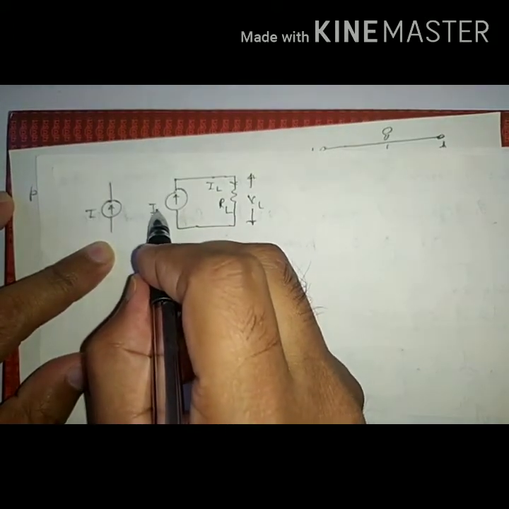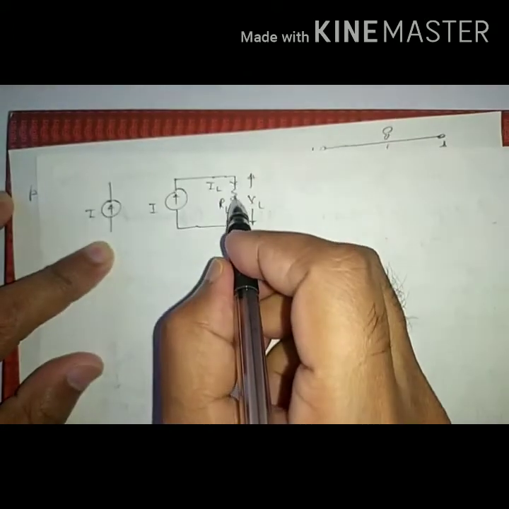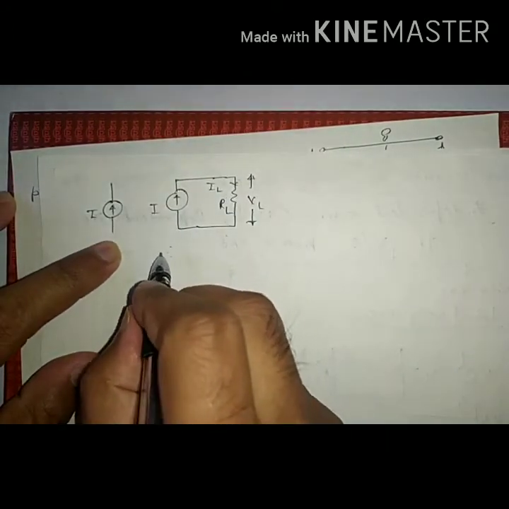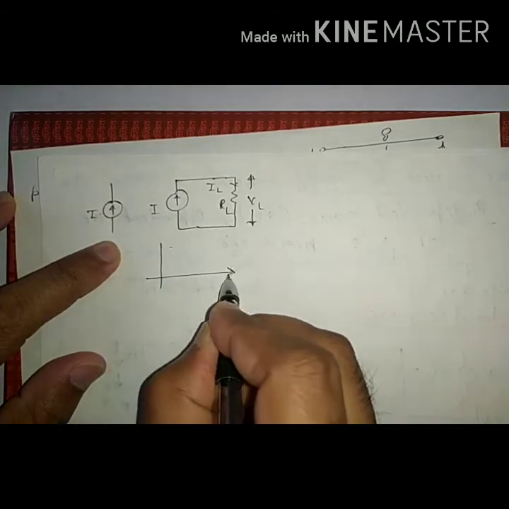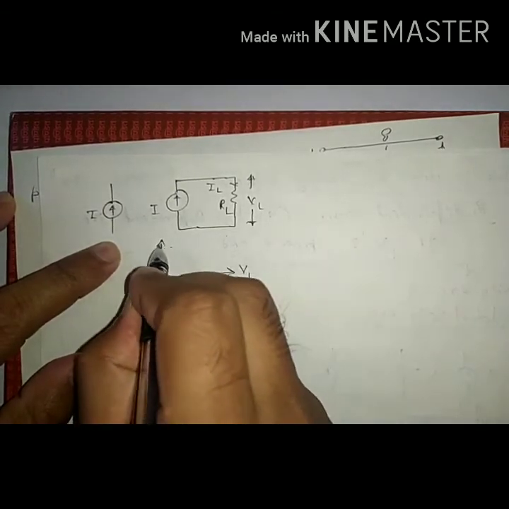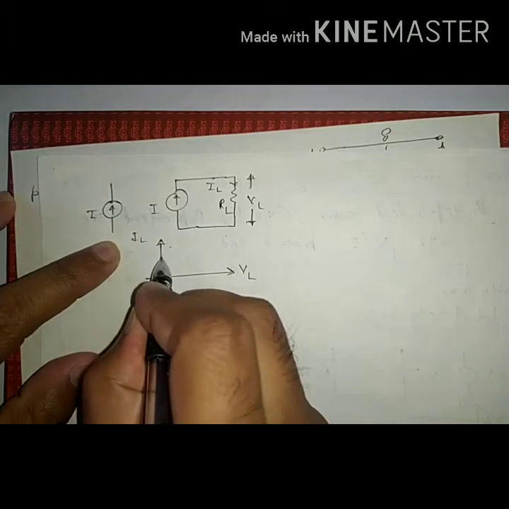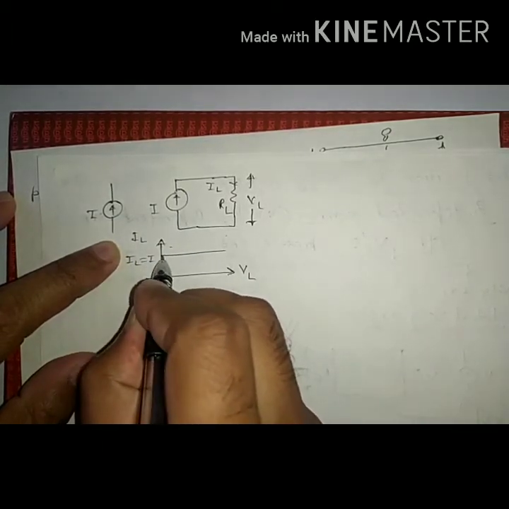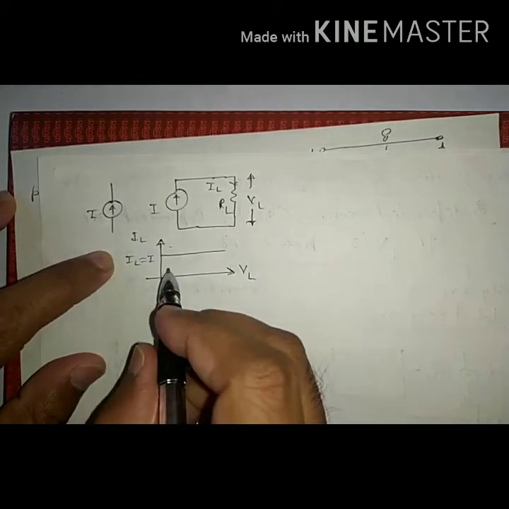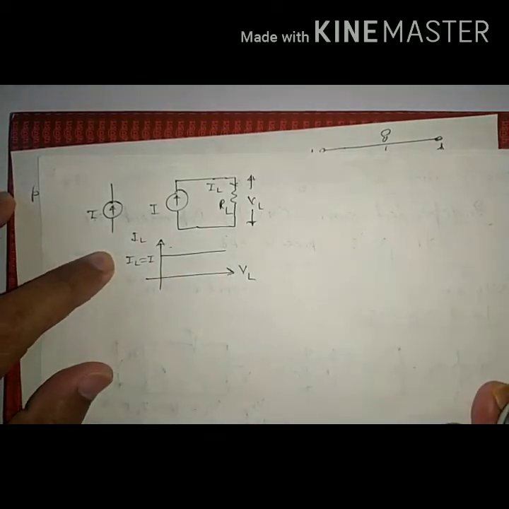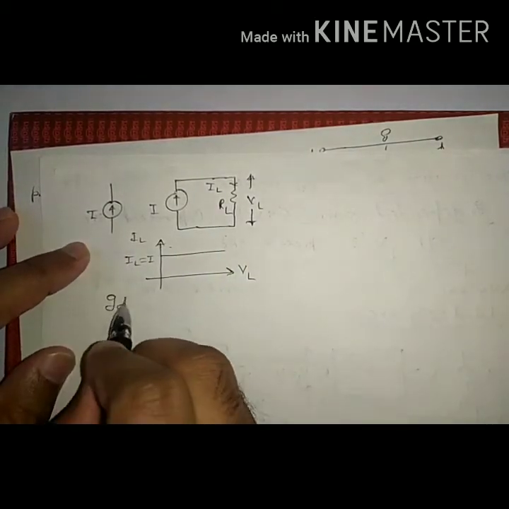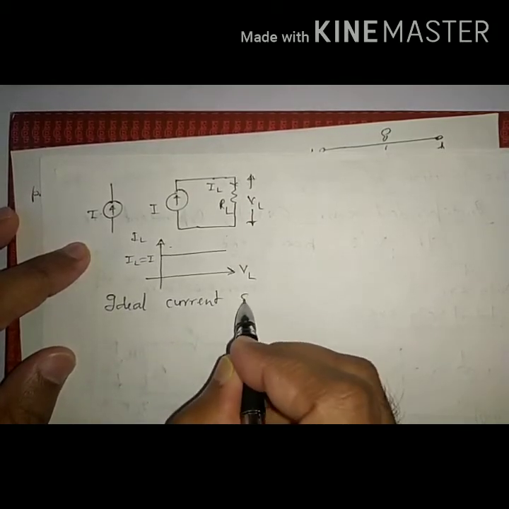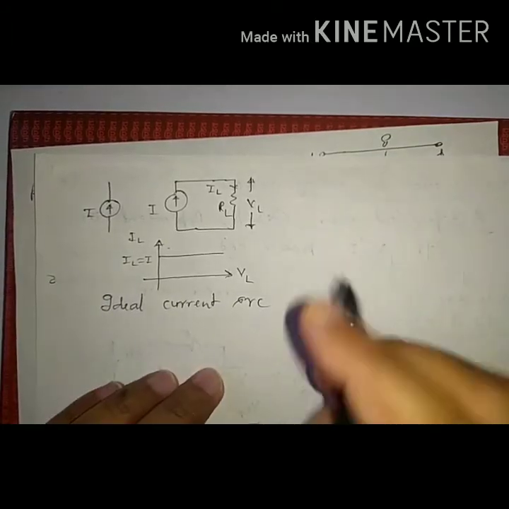Whatever current is in the source, the same current is going to flow in the load. This is what an ideal current source, and its characteristic will be drawn like this: VL, IL, and IL is I only, a constant current. So the load current is constant for any value of voltage.